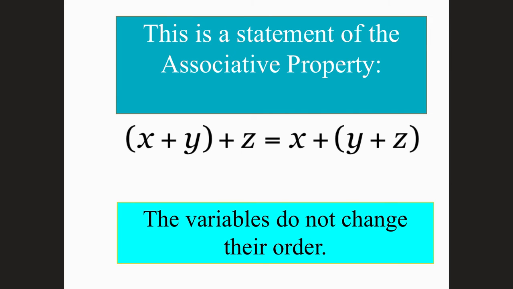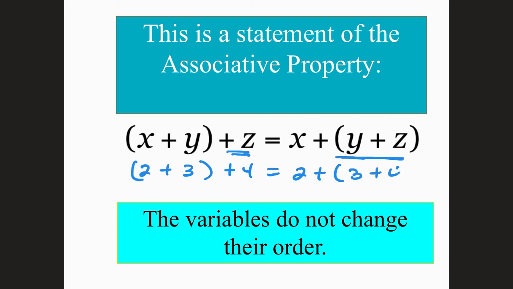So again, this is the statement of the associative property. I have here, open parentheses, x plus y, close parentheses, plus z, equals x plus, open parentheses, y plus z, close parentheses. So we could write something like, open parentheses, 2 plus 3, close parentheses, plus 4 equals 2 plus, open parentheses, 3 plus 4.